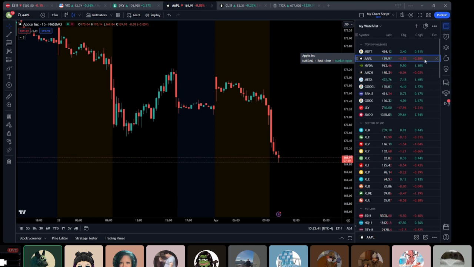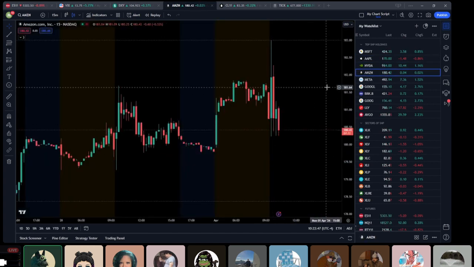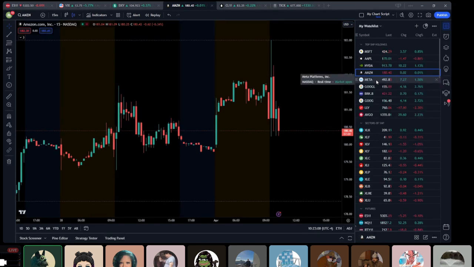That is red right now. So if Amazon lifts, then ES is going to lift, NQ is going to lift. So that's being aware of what's going on in the market with the top 10 in the index. And then we also have the sectors of the S&P.